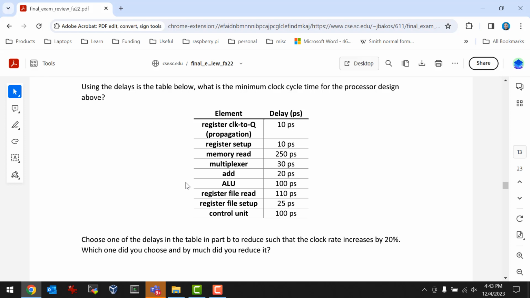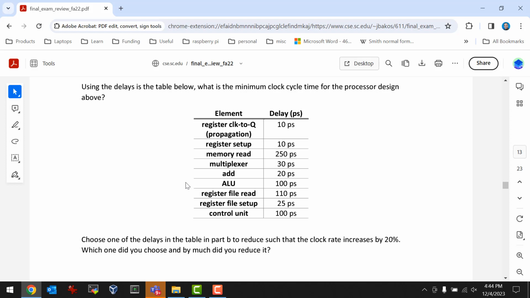So we have 10 picoseconds propagation delay. Register file read is 100, register file setup is 25. But let's do register file read 110. So that's 110 picoseconds there. There's a mux here too, on the ALU.